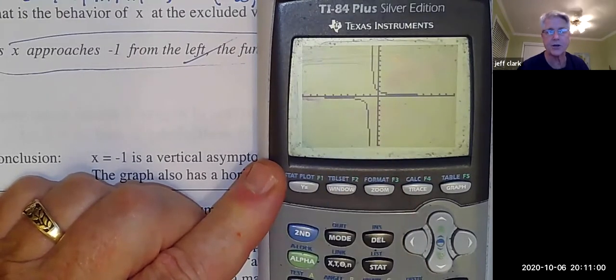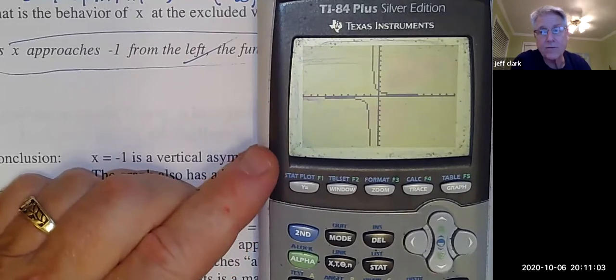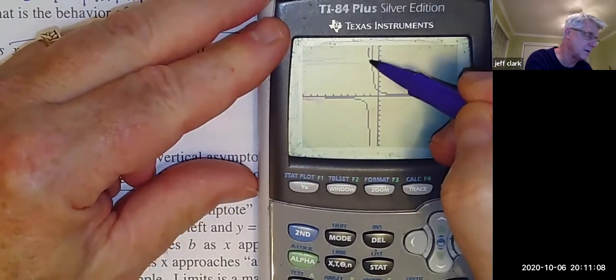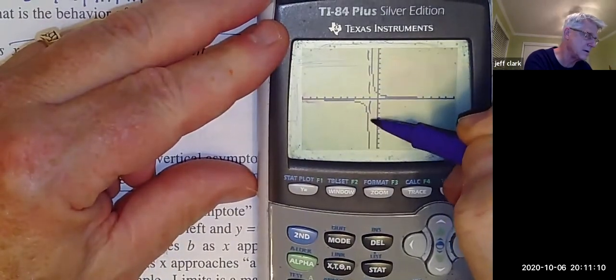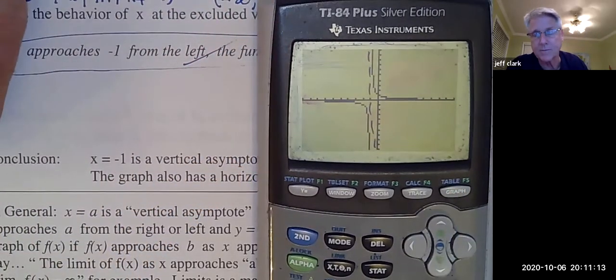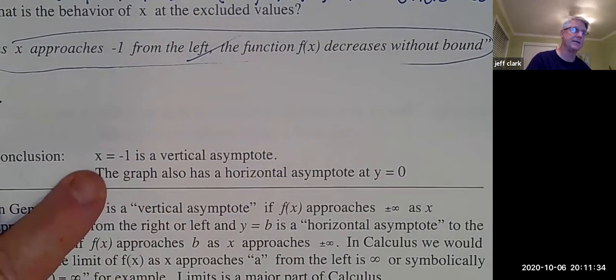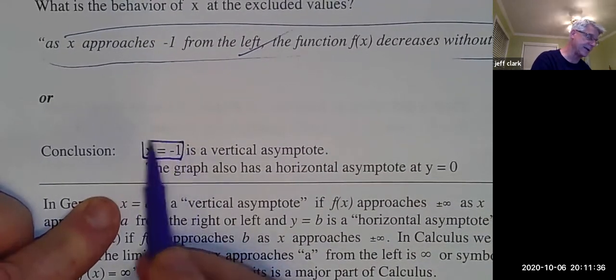See how that's making a turn? That's called a vertical asymptote when you see a gap that looks like this. You'll be asked for some of the problems, what, if any, are the vertical asymptotes? It's where the function is undefined, meaning where there's a problem in the denominator. And the problem is at -1. So down here, you'd say the vertical asymptote is x equals -1.